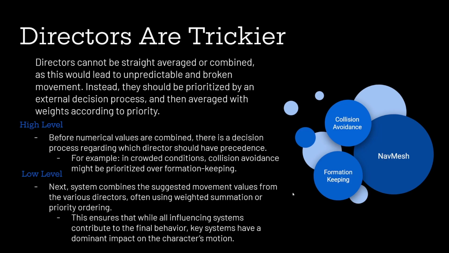And then once we understand that, we go down to our low level and we combine our different directors with either weighted summation or priority ordering, just in a way that makes sure that the most important systems are weighted much heavier than the other ones. And so this ensures that while all the systems do have an effect to some degree, it is only the ones that are really important at that time that really influence the character's motion and those important things like the general direction they're heading in or the general speed they're heading in, right?